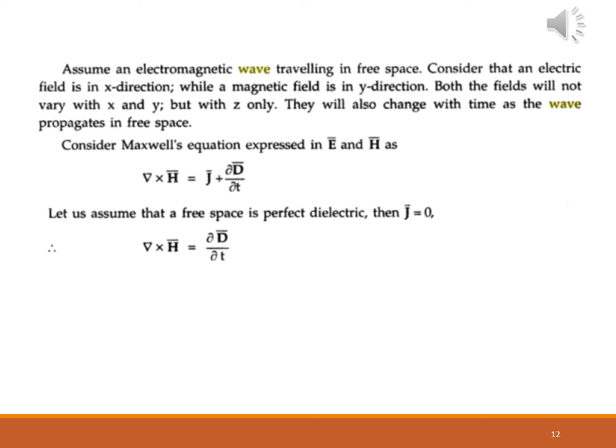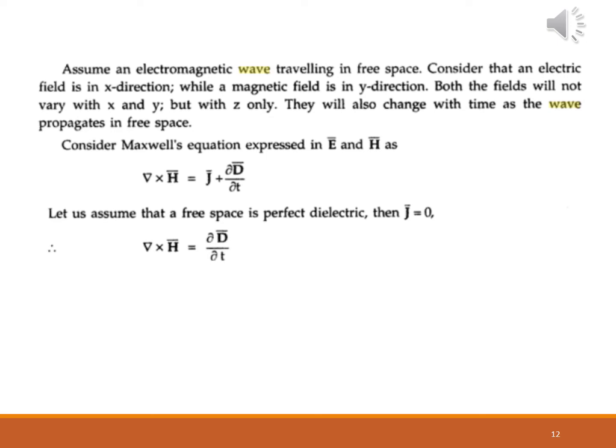That means when you're talking about the rate of change of E, supposing I'm writing dou Ex, that will change only with respect to z. So that means dou Ex by dou z, and similarly dou Hy by dou z. These are the two rate of change of space terms that exist. Everything else will be zero.